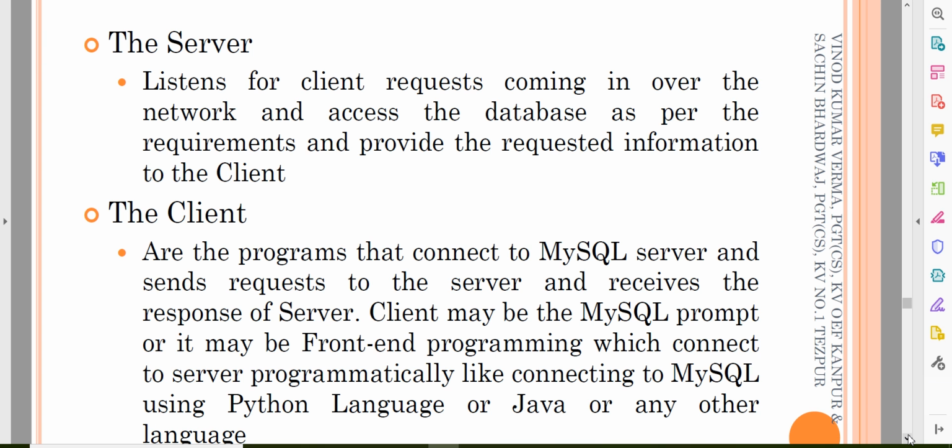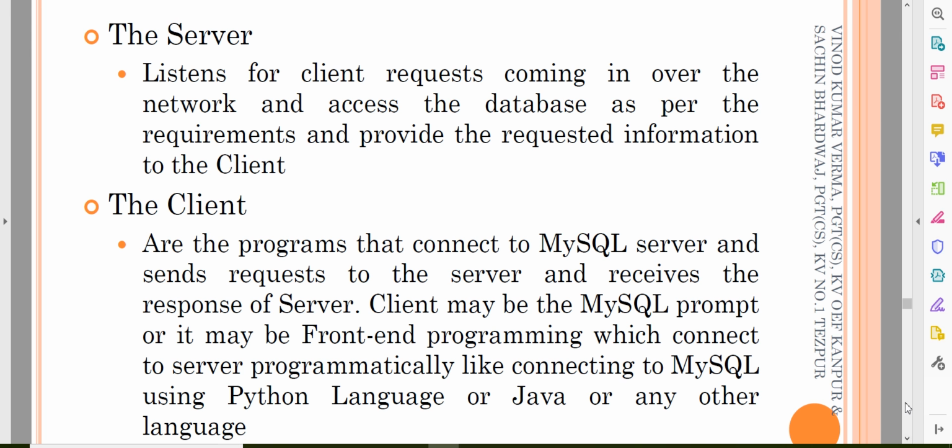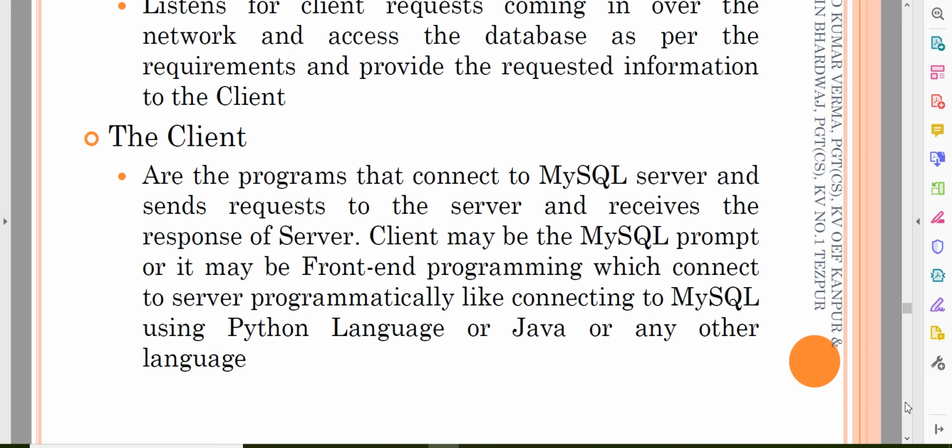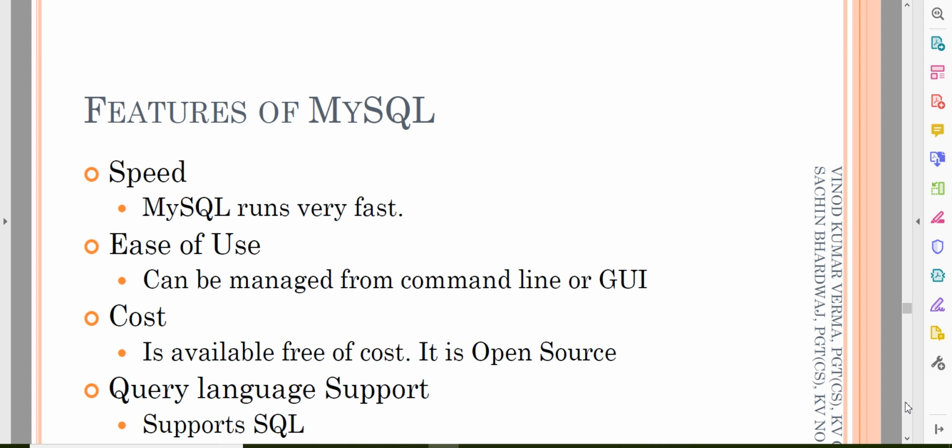The client may be the MySQL prompt or our SQL Management Studio, and the server can be connected to MySQL using Python, Java or any other language. Okay, so this is what server and client are.